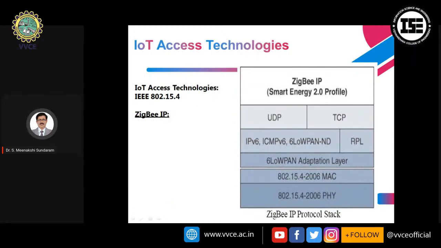And this is the ZigBee IP protocol stack with the physical layer 802.15.4-2006 standard and the MAC 802.15.4 standard in 2006. And we have the 6LoWPAN adaptation layer. Similarly, IPv6, then ICMPv6 and 6LoWPAN ND, RPL, UDP, TCP, and the Smart Energy 2.0 profile for ZigBee IP.